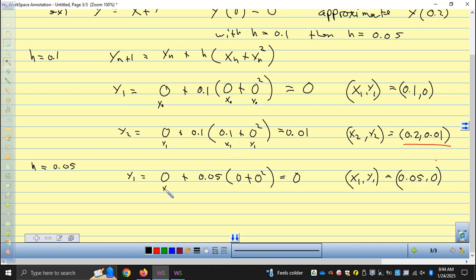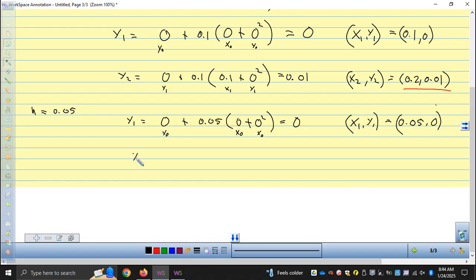So this is x0 and y0. y2 is 0, which is y1, plus 0.05 times 0.05 plus 0 squared. This is x1 and this is y1. And that one gives me 0.0025.